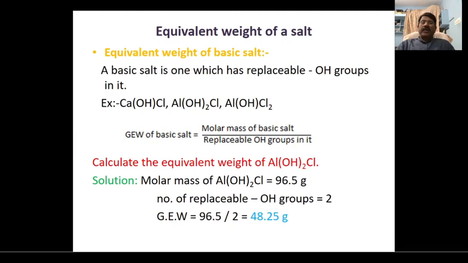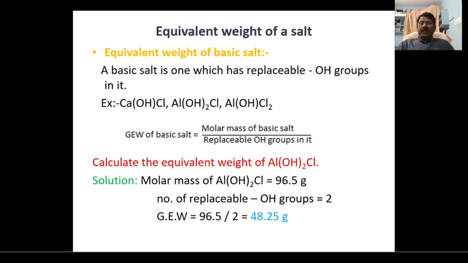Next, equivalent weight of salt. Under this, equivalent weight of basic salt. Definition is, a basic salt is one which has replaceable OH groups in it. Example, calcium hydroxide chloride, dihydroxy aluminum chloride, and at the same time, dichloro aluminum hydroxide.